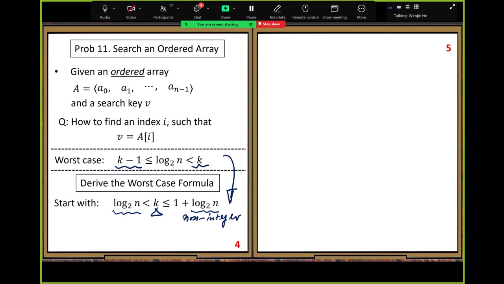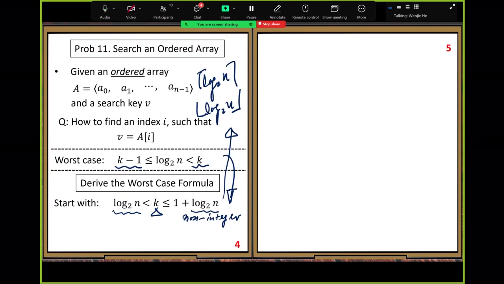From our old experience, we use the floor function or the ceiling function to convert a non-integer expression to an integer expression.